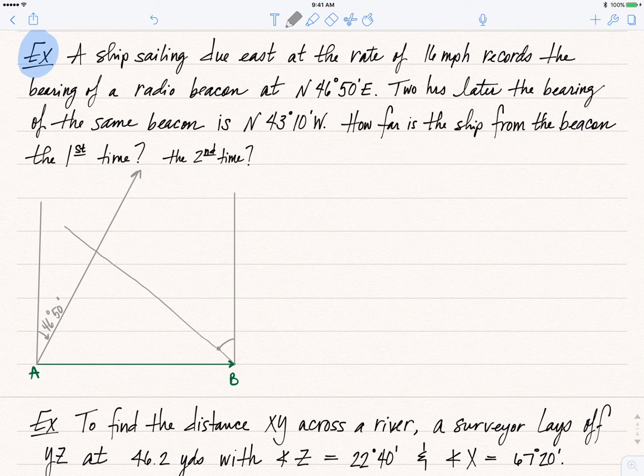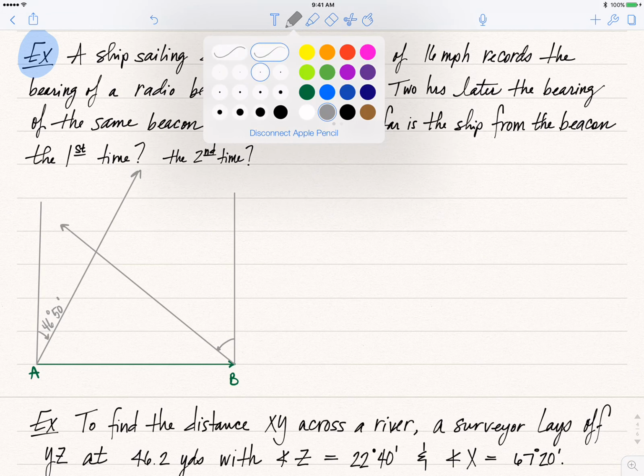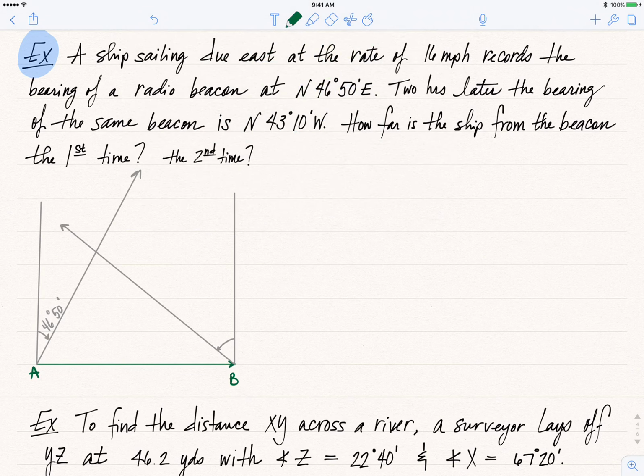So his line of sight might be something like this. Now, wherever those two cross over each other, this is where my beacon is. So we'll call it C, and C is wherever my beacon is. And that particular angle was 43 degrees, 10 minutes. How far is the ship from the beacon the first time, and how far is it from the second time?